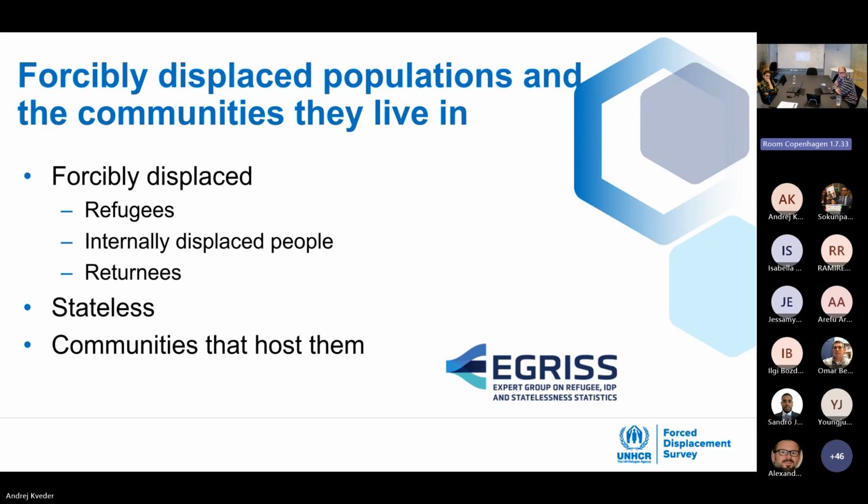Just to be on the same page, we need to speak a bit about the populations we're talking about. We're talking about forcibly displaced populations. Those are the refugees.